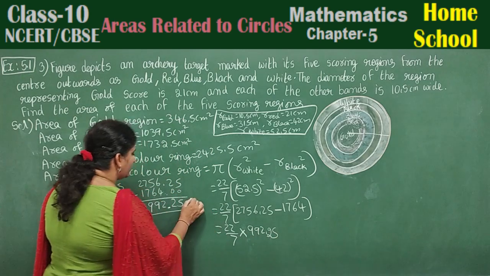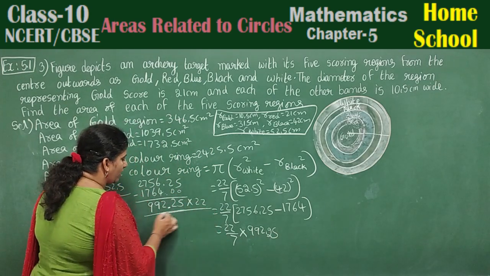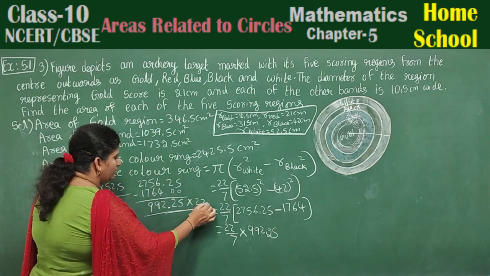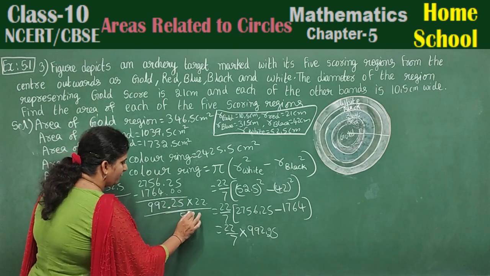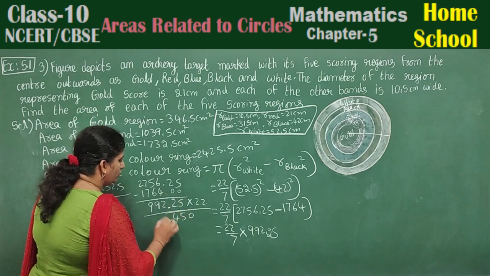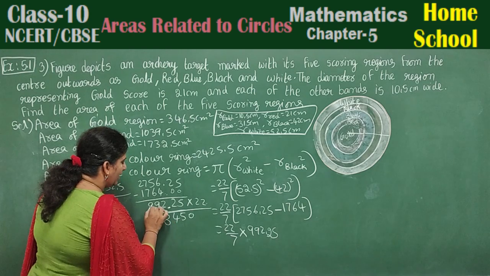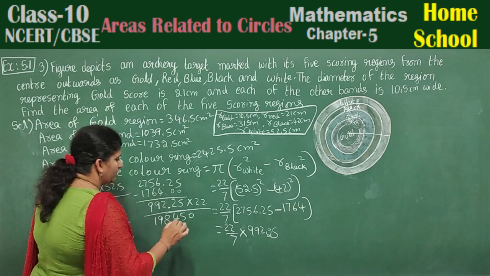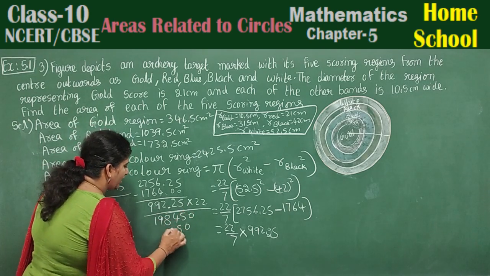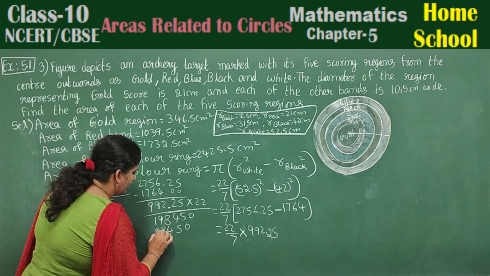992.25. For this, multiply 22 now. 2 5s are 10, 2 2s are 4, 5, 2 2s are 4, 2 9s are 18, 18 plus 1, 19. And again 0, 5, 4, 8, 9, 1.